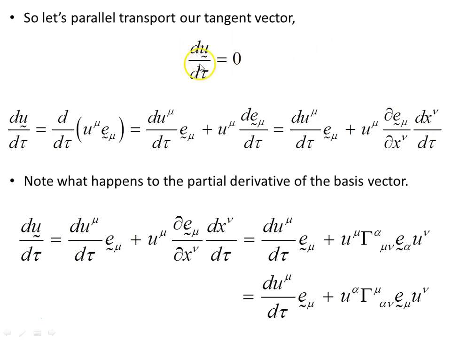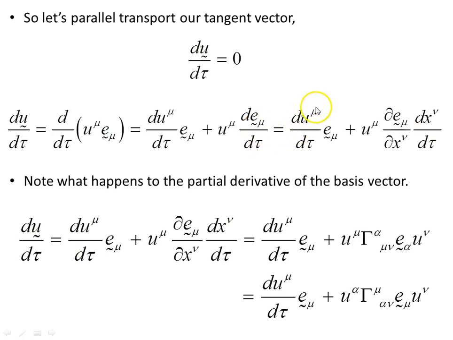The condition for that is du/dτ is 0. This vector is parallel transported along its path, which means its magnitude and direction are unchanged. It's moved by slow increments along the path and held constant as it's done. Okay, so du/dτ is d/dτ of the whole vector, and we need the derivative of the components times the basis vectors, plus the components times the derivative of the basis vectors.